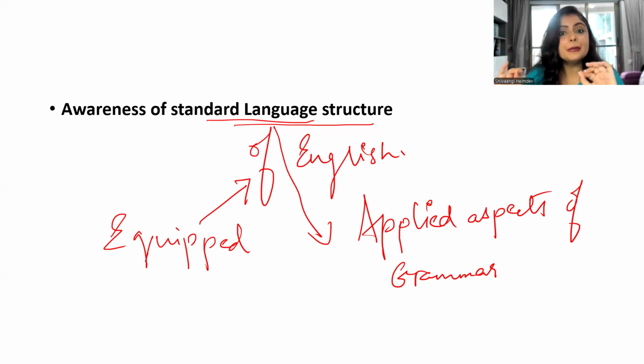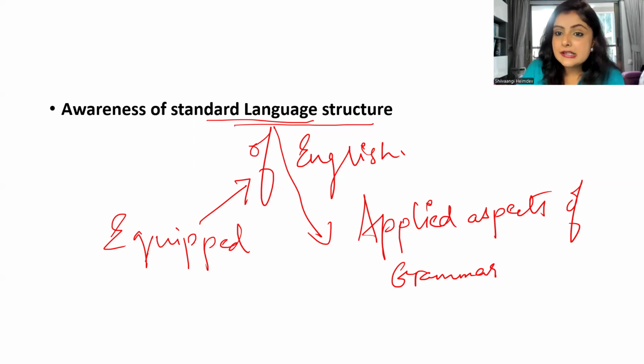And the day when you're familiar with different sentence structures is the day when you are equipped with the knowledge of the applied aspects of grammar, which means you are completely aware of the standard language structure. So make sure that you know what the standard language structure is.